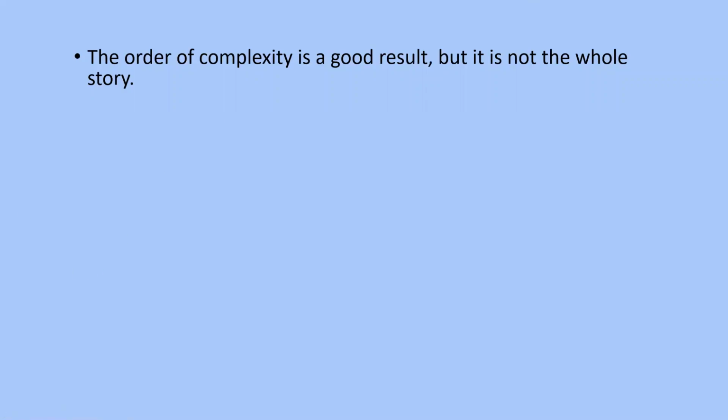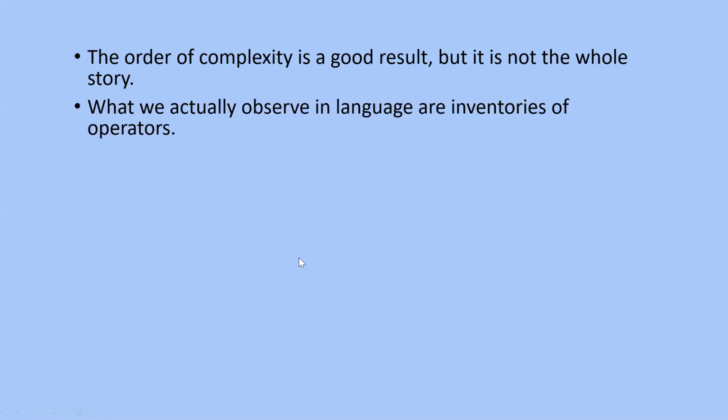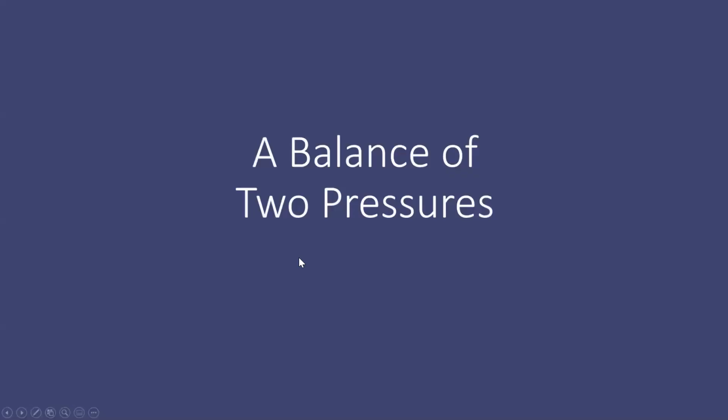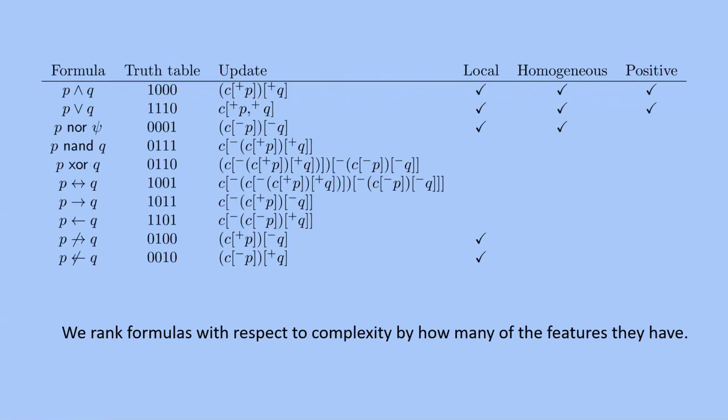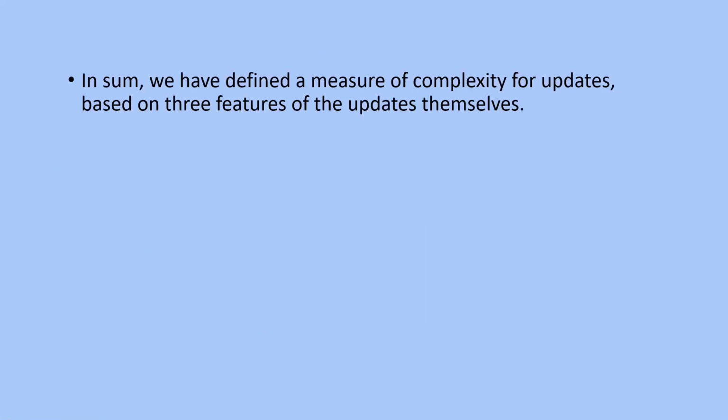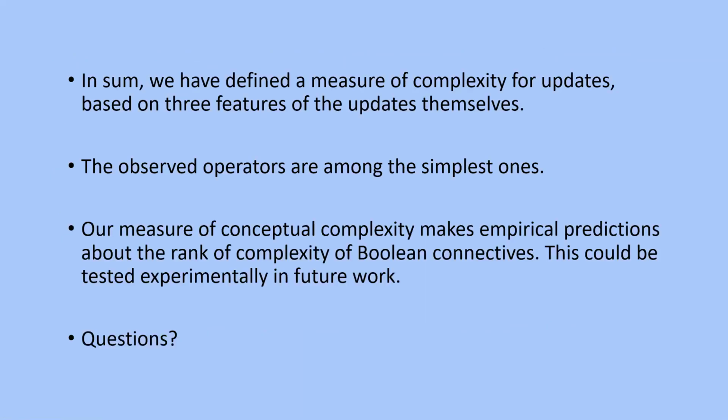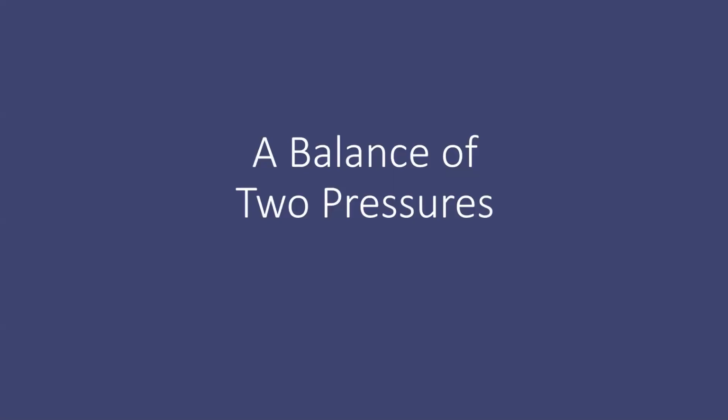Leila is asking if the conditional would be more complex than its negation. I see. Yeah, so that follows from this definition of complexity. We can come back to that in the Q&A again.